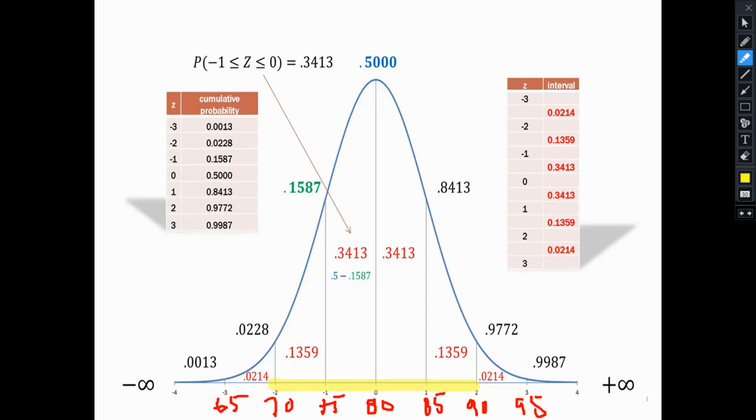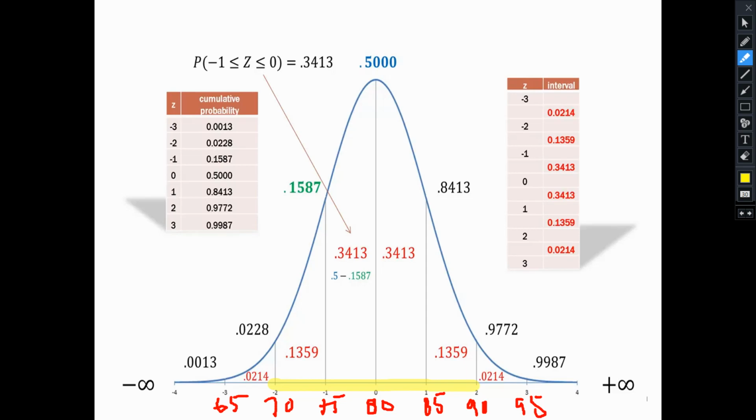So 95% of the students have obtained marks between 70 and 90. How many students obtained marks between 75 and 85? We'll say 64% of the students.